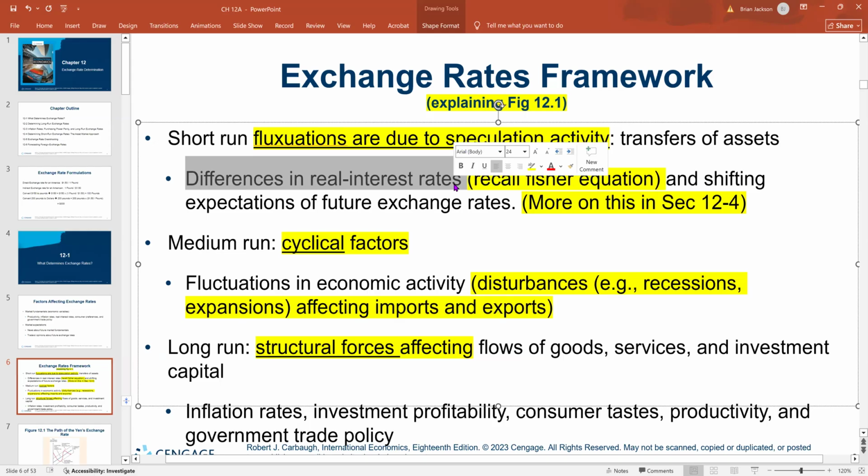So again, just kind of roughly describe what a real interest rate is. If a treasury bond will pay you 5% a year, so you take $1,000 down, you expect $50, or a corporate bond, you expect a $50 coupon payment or return.